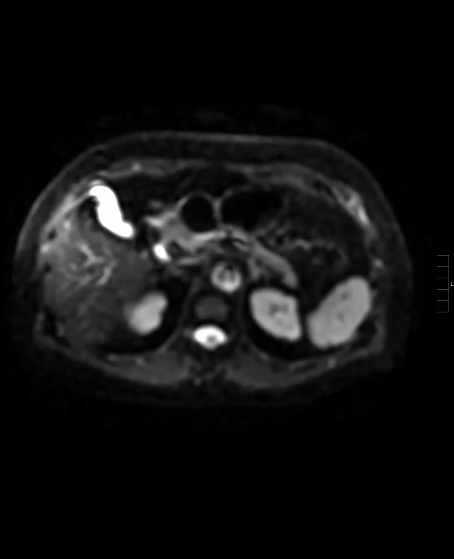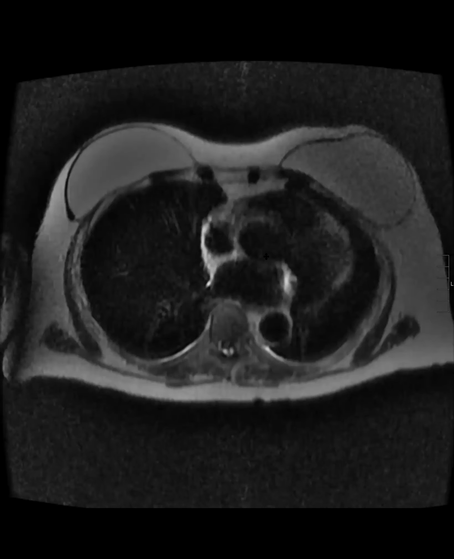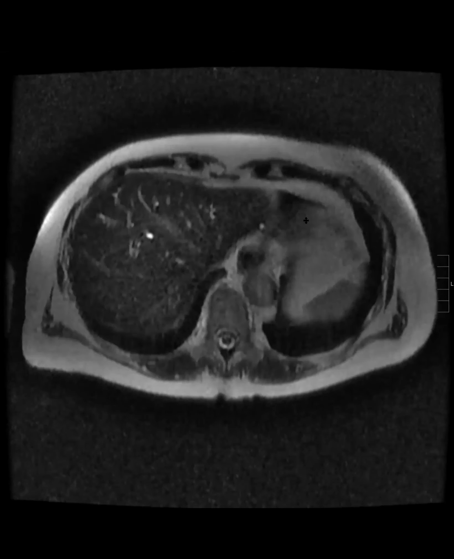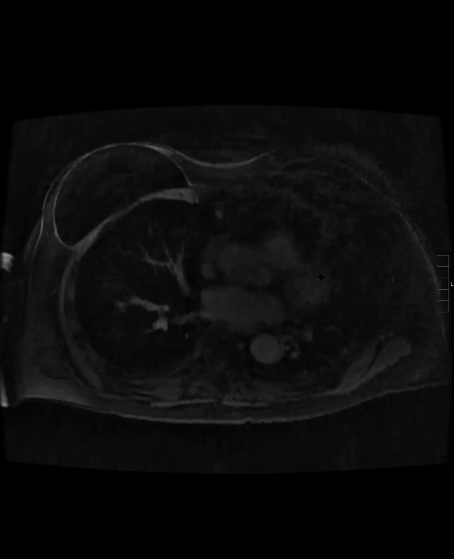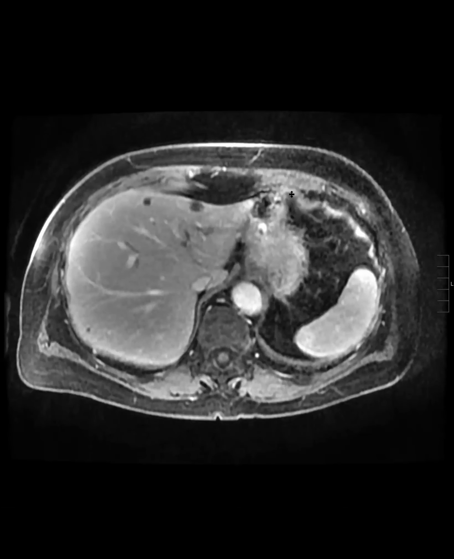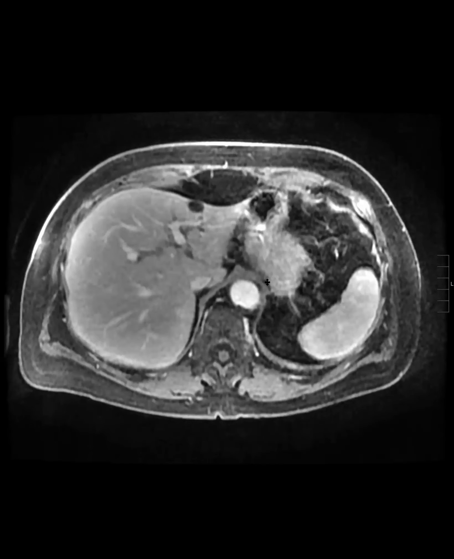So here's the T2 of that area. Here is the contrast enhanced. There are no definite lesions, nothing that's enhancing.